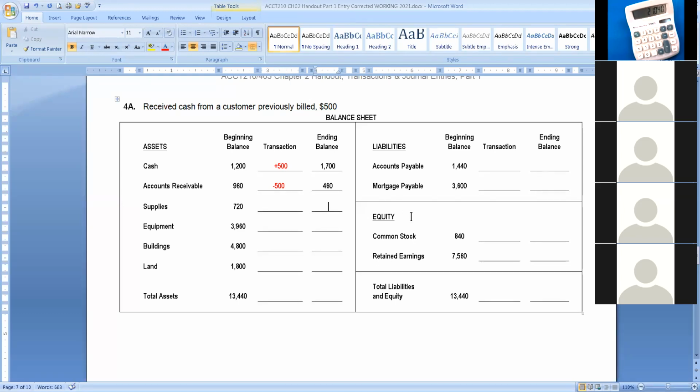All the rest of these are the same. Oops. And that should be the same total, right? Because it's plus 500 and minus 500. So $13,440.